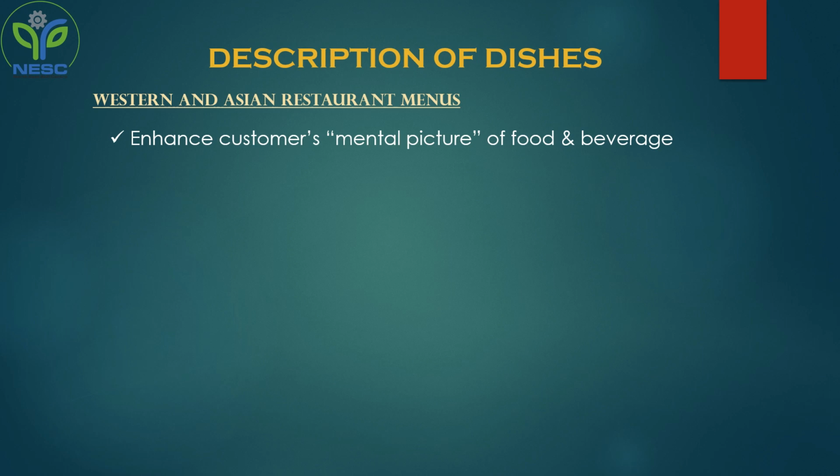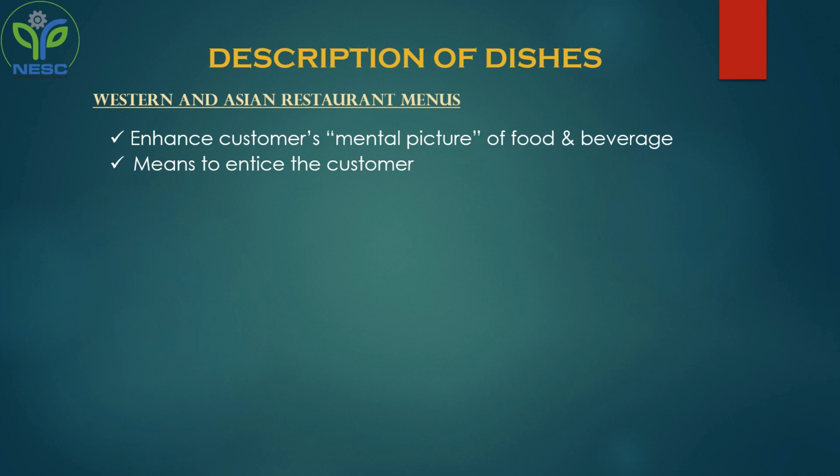Yes, and it will automatically enhance the customer's mental picture of the food or beverage they have ordered. Also, it will entice or attract the customer to get that food to their table.